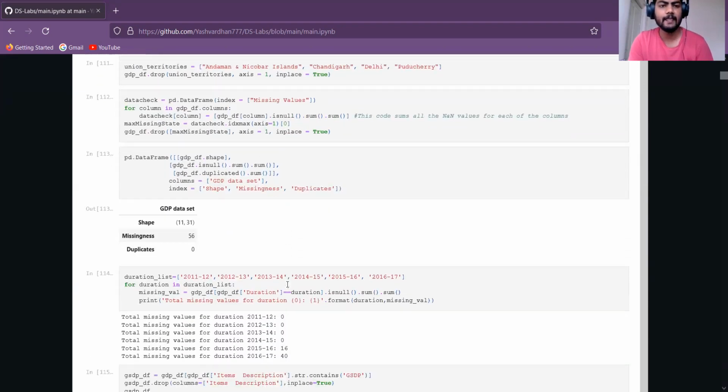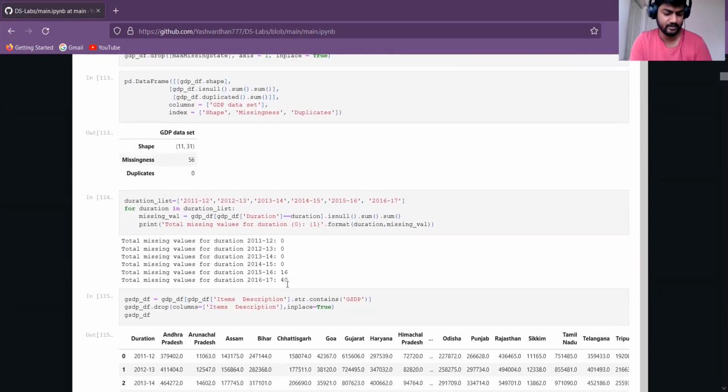Now we have the data set which has the dimension of 11 by 31, in which the missing data count is 56, and there are zero duplicate values. We used the duration for the years 2011 to 2017 and calculated the missing values.